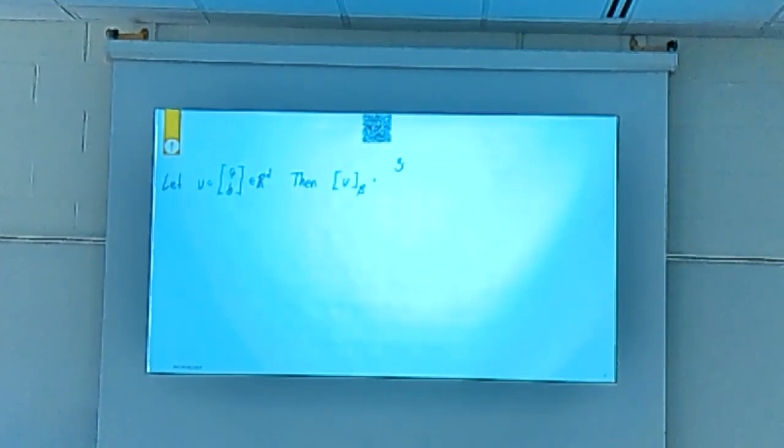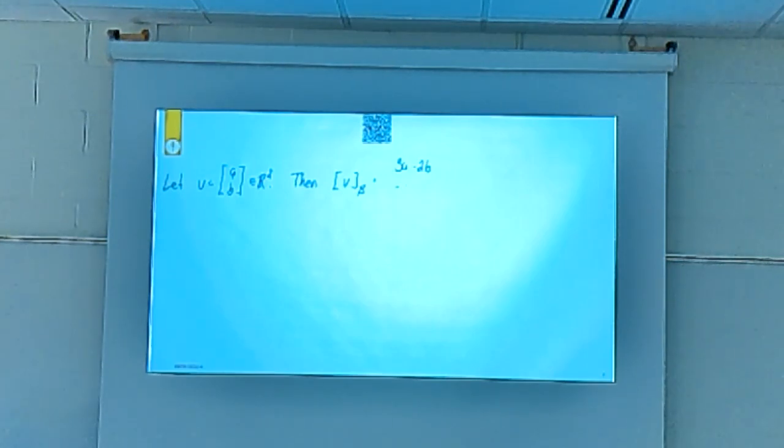V. Then the coordinate vector with respect to the basis is (3A minus 2B, negative A plus B).